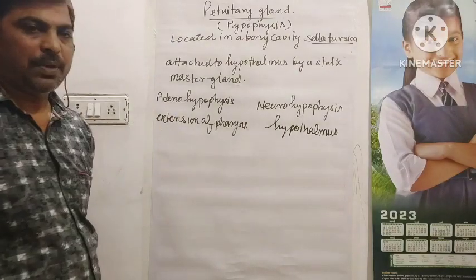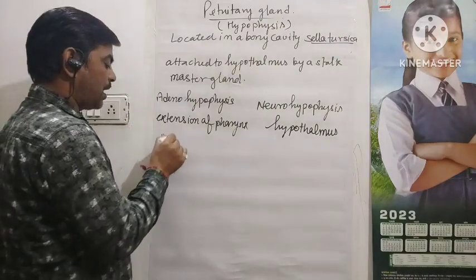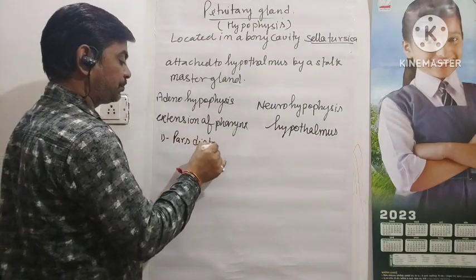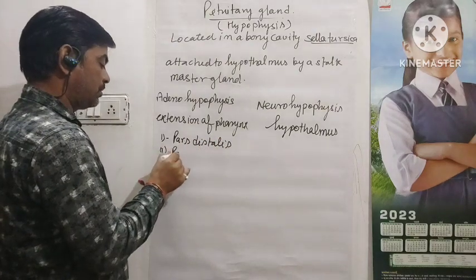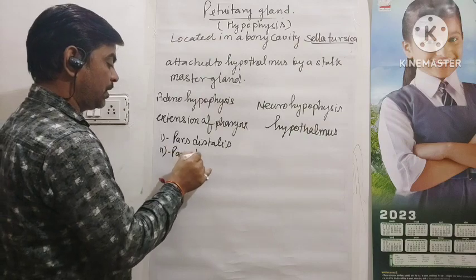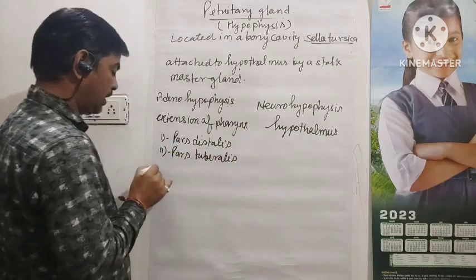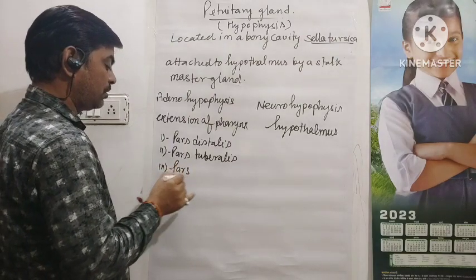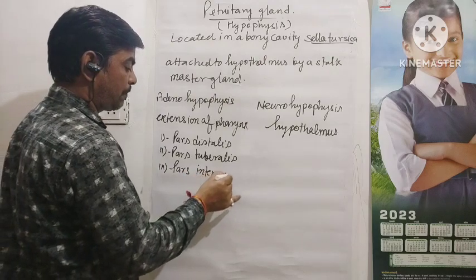This adenohypophysis has three regions. One is called the pars distalis, second is the pars tuberalis, and third is the pars intermedia.